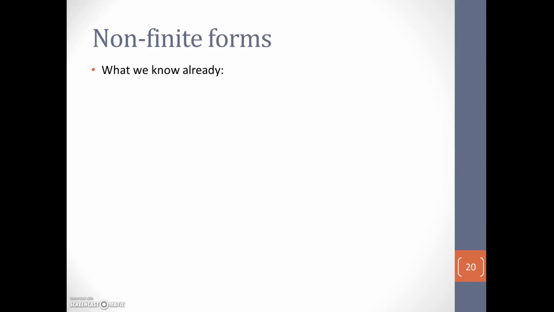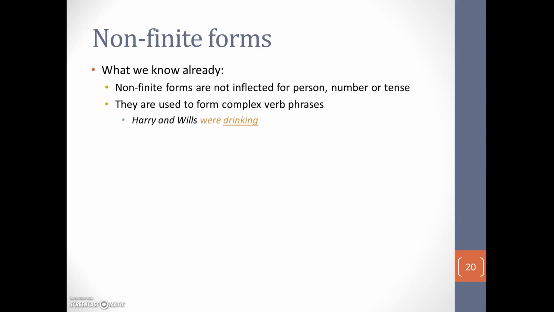Now, non-finite forms then, what do we already know about them? Well, we know that if we say that something is non-finite, it means that they're not inflected for person, number, and tense. Okay, so we're just dealing with an infinitive, for instance, or a form, for instance, in the ing. Okay, so we have the ing ending, and that's also a non-finite form.